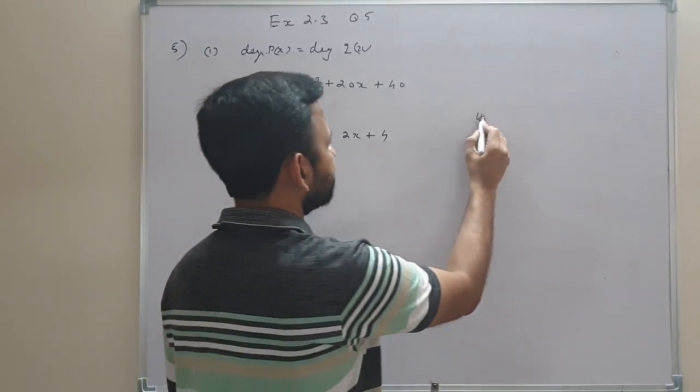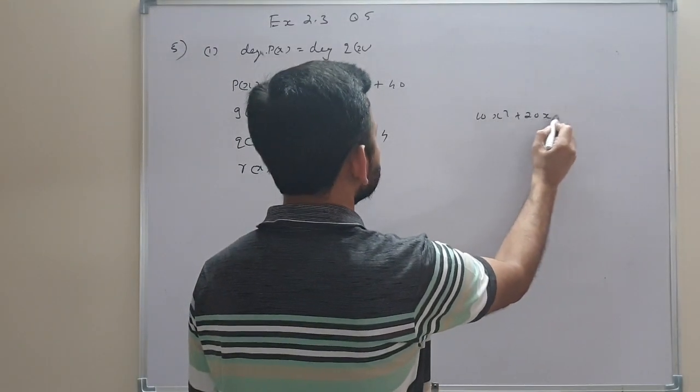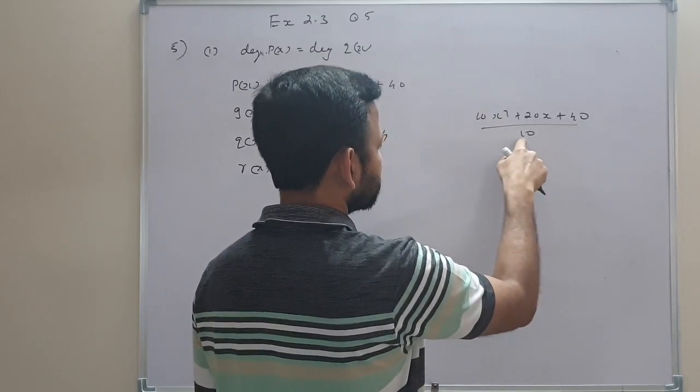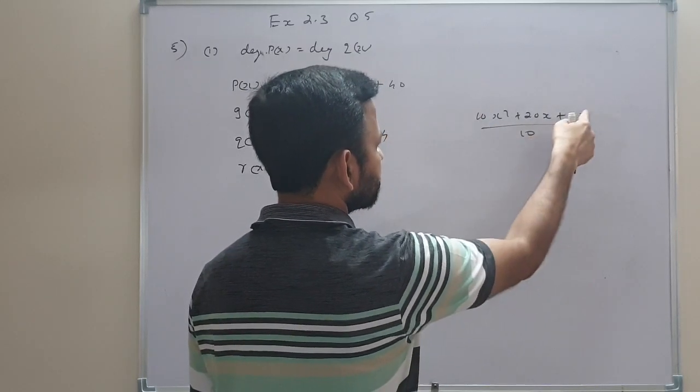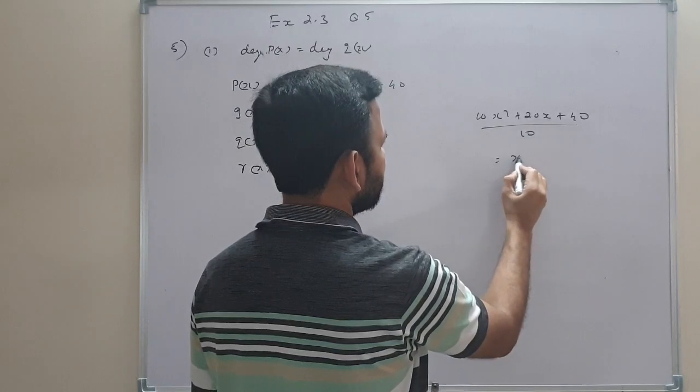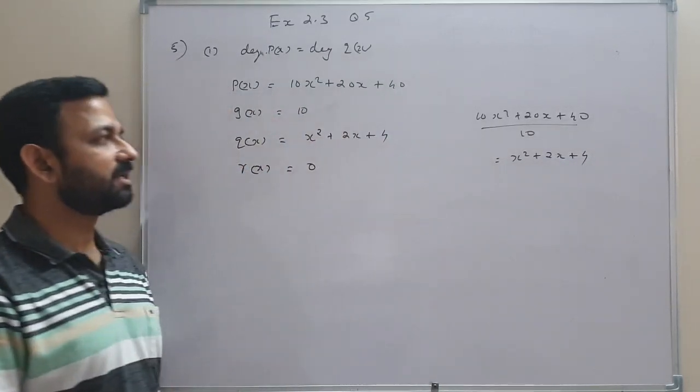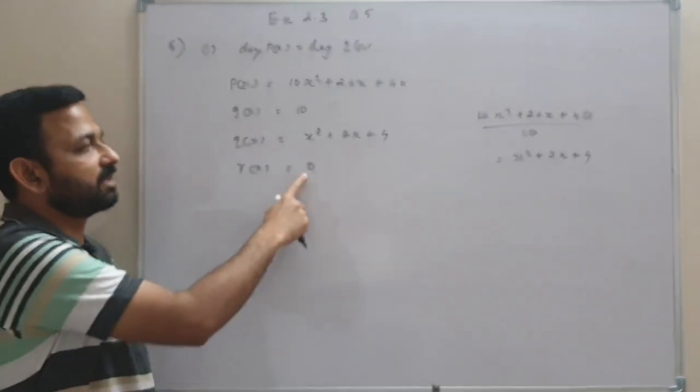So here it is normal division: 10x²/10 + 20x/10 + 40/10, so that will be x² + 2x + 4. And there is no remainder, so the remainder is equal to 0.